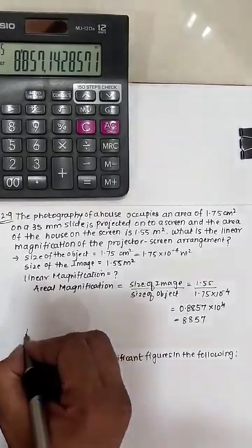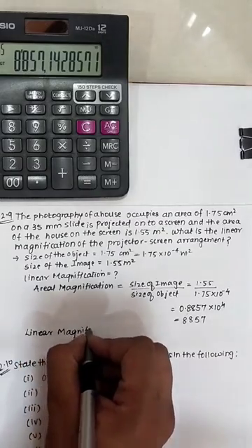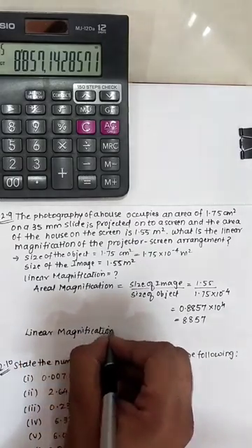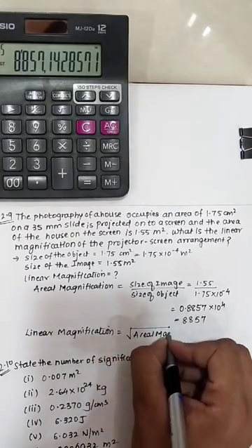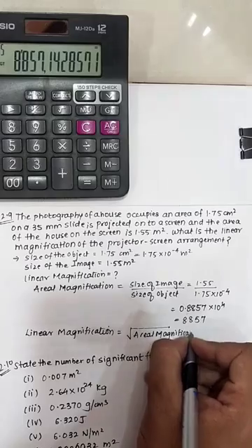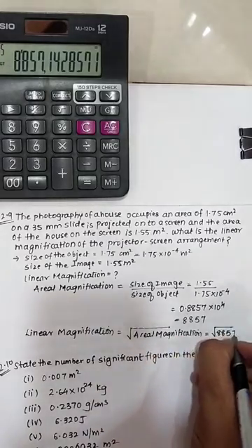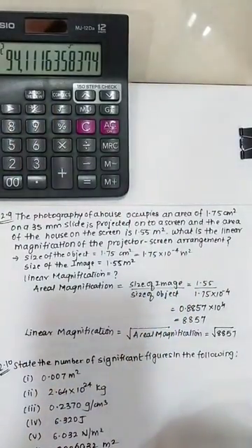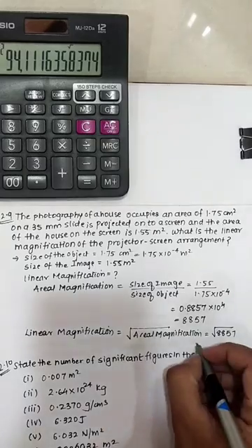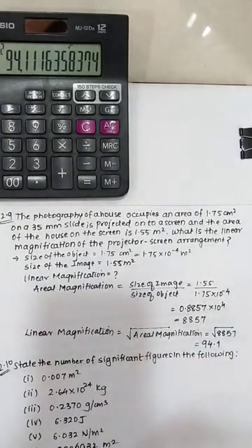Now simple, linear magnification is equal to square root of areal magnification, square root of 8857. My answer is 94.11, so I can write 94.1 as my answer. Till this clear? Over. Moving to the next question.